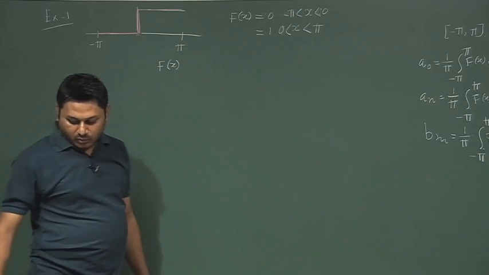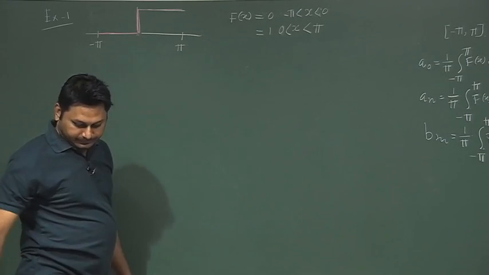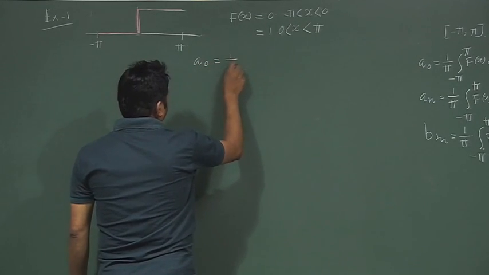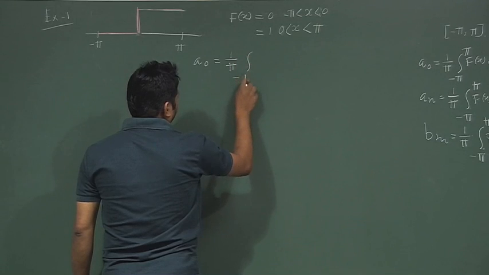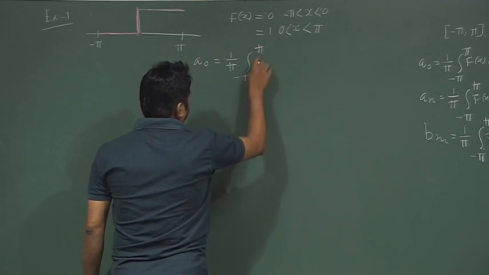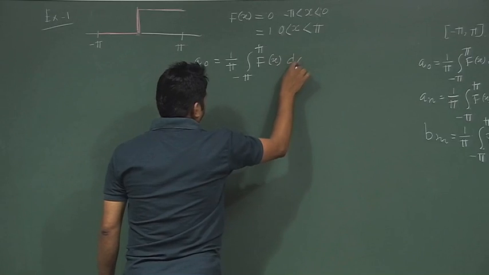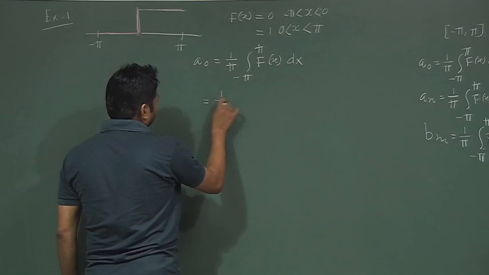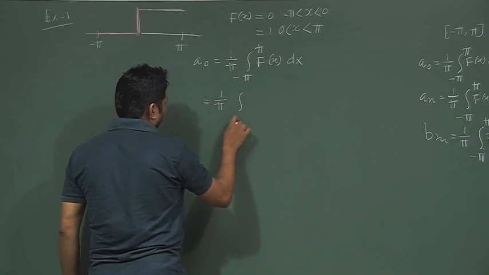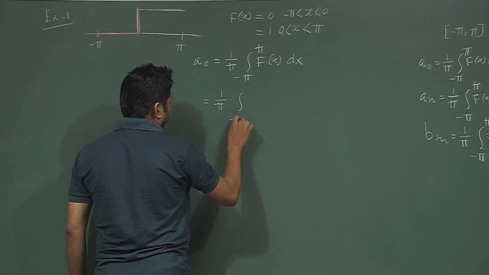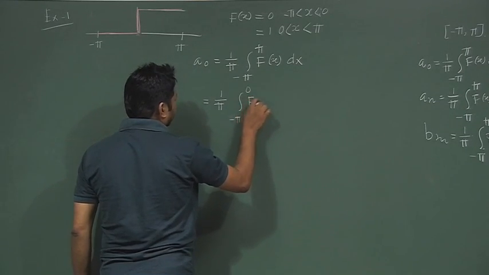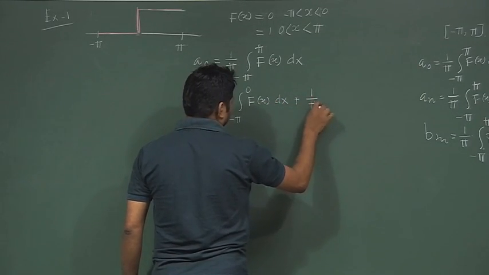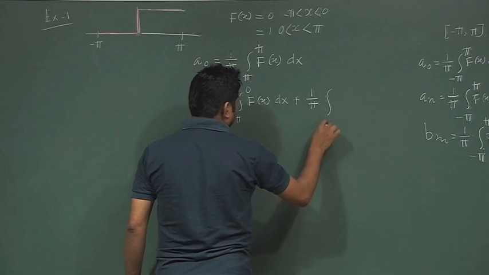So, let me first find out my a0. a0 is 1 by pi, integral from minus pi to pi of the function dx, by definition. Now we put f(x) here to find a0: 1 by pi, integral from minus pi to 0 of f(x) dx, plus the rest. I just divide it into two parts and try to do that explicitly.